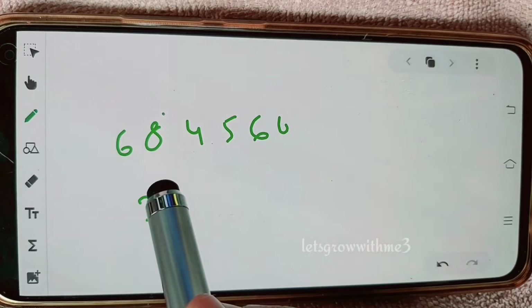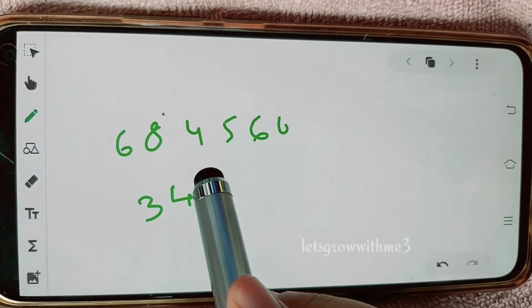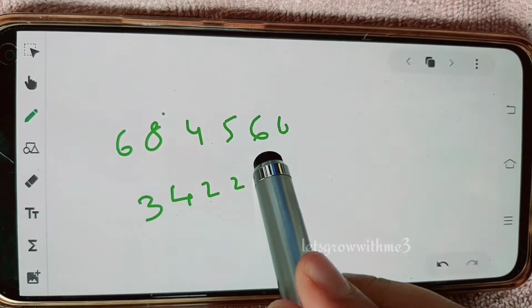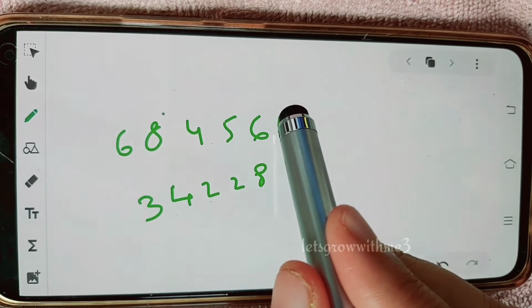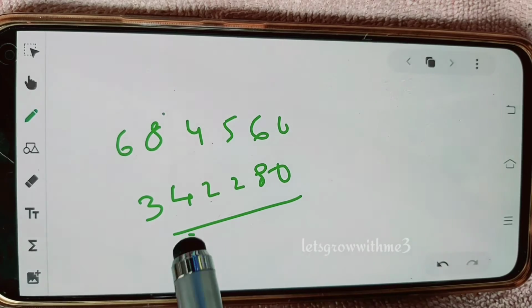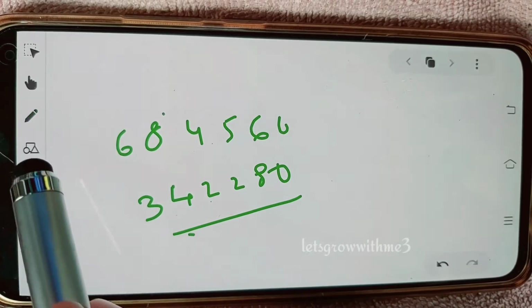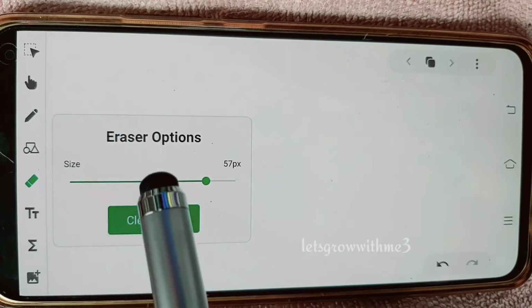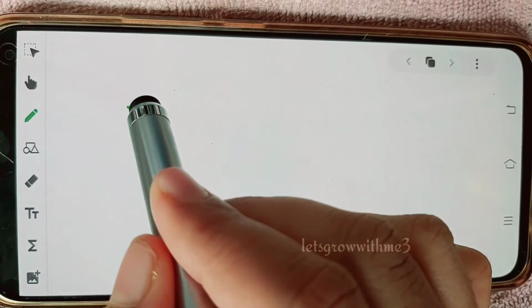So 3, then 4, then 2, then 2 again, then 8, then 0. The remainder is 0, and that's the answer. So when you multiply the above number with 5, we will get 342,280. Okay, so let's consider a few more big examples.